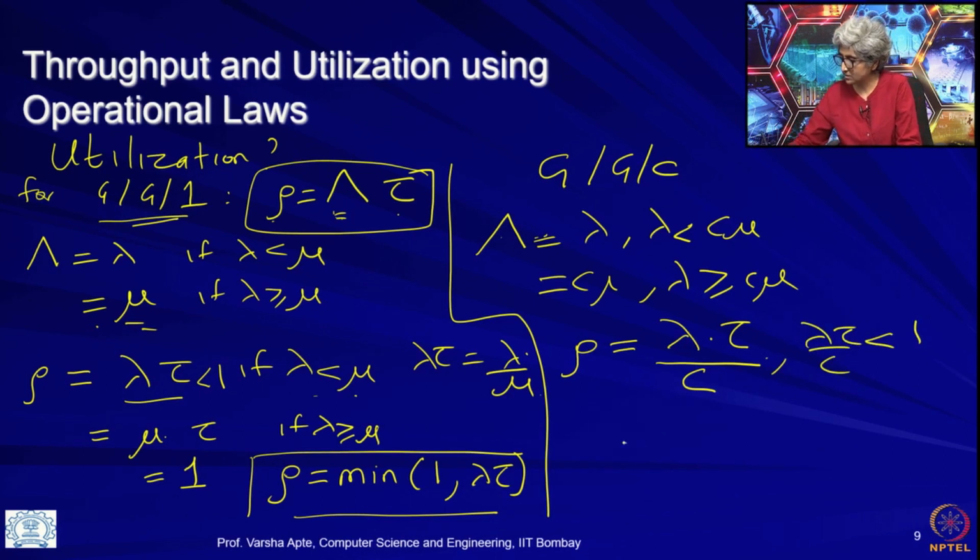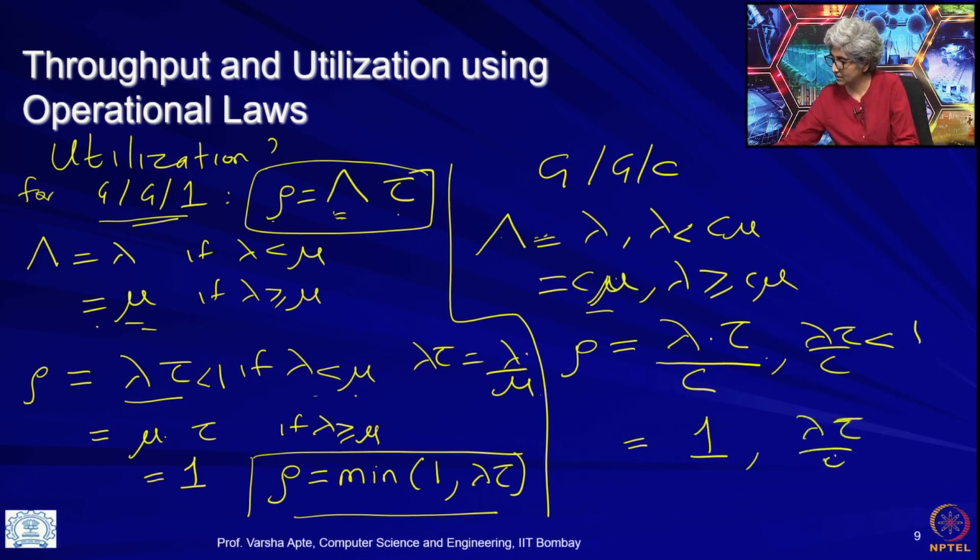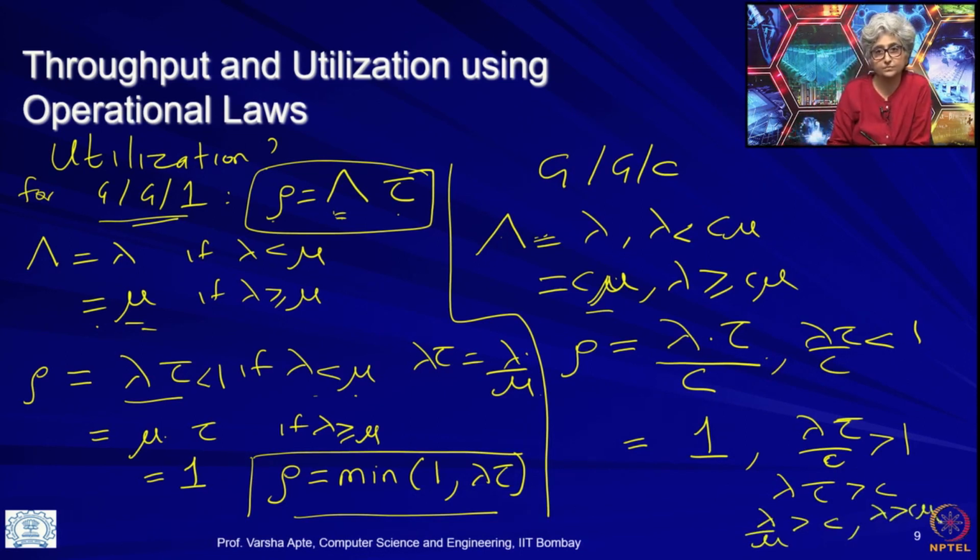And when you are getting more work, all of them are getting more work, then it is going to be 1, that is when lambda tau by C is greater than 1. This happens when lambda tau is greater than C, which means lambda is greater than C mu. That was this condition here, greater than or equal to.